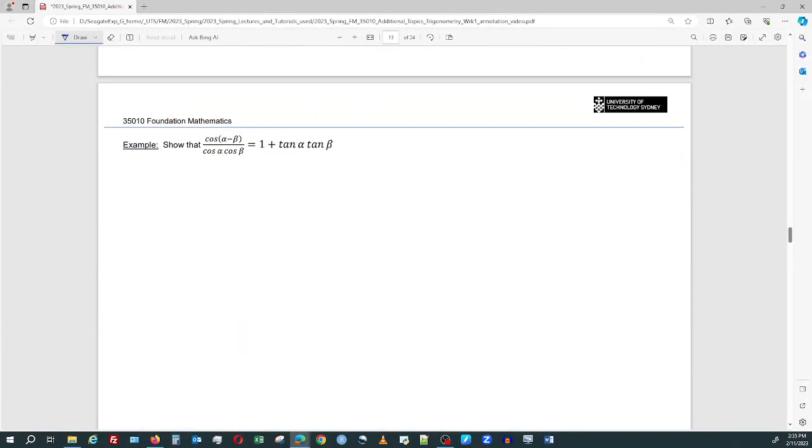It's a result. So it wants us to show that cos alpha minus beta over cos alpha cos beta is 1 plus tan alpha tan beta. So this is a very straightforward one. So if we take the left-hand side, we've got cos alpha minus beta. This will be reduced into an algebraic form, a bit more like what happens in extension 1.